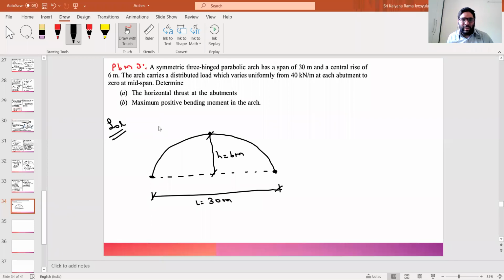And what are the loads acting? You can see a uniformly varying load, but when it comes to the center, it is 0.